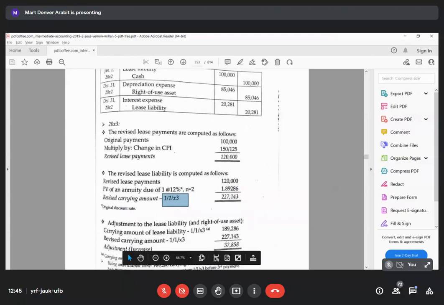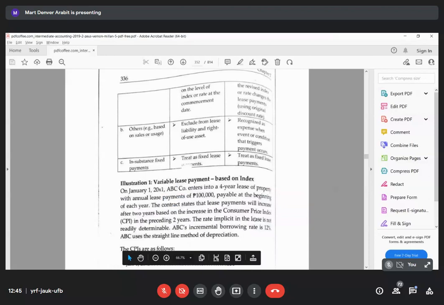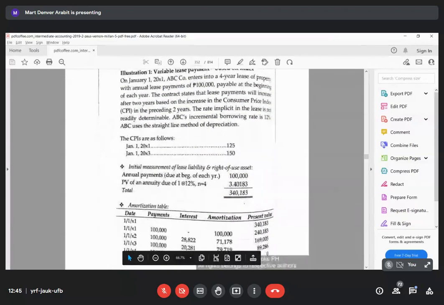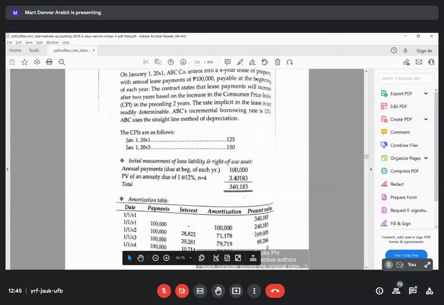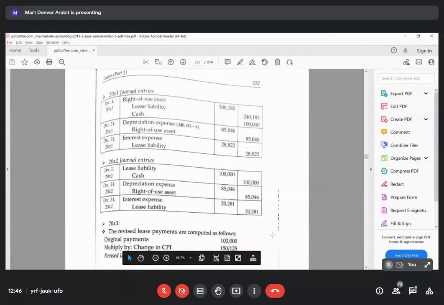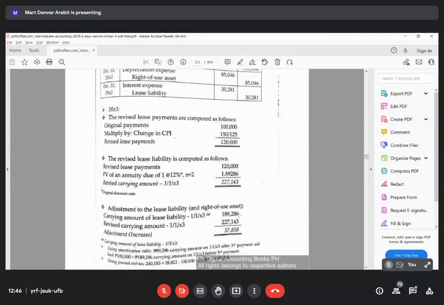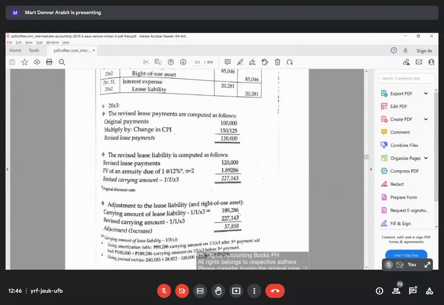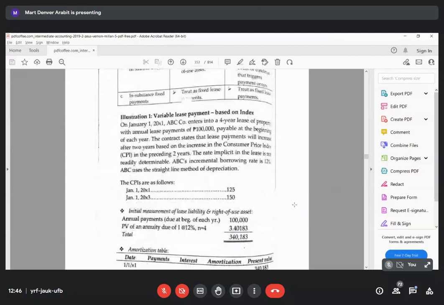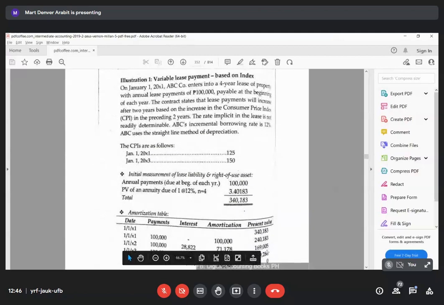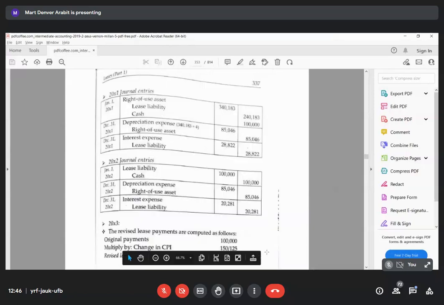So, the adjustment is the difference between the carrying amount based on the previous computation, which is 189,286. The 189,286 came from this amount: 89,286 carrying amount on January 1, 2023 after the third payment, and we add back the 100,000. This is the beginning of January 1, 2023, since we are paying in advance.